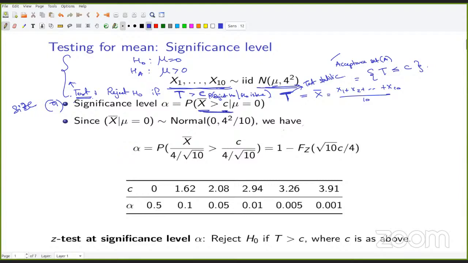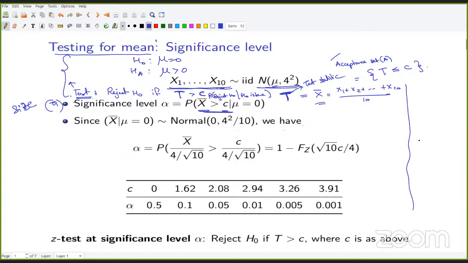Here we are testing for the mean. So which is the best statistic for testing the mean? If you have a sample and you are testing for the mean, the sample mean is the best thing to compare with the distribution mean. That is why here the test statistic is the sample mean.